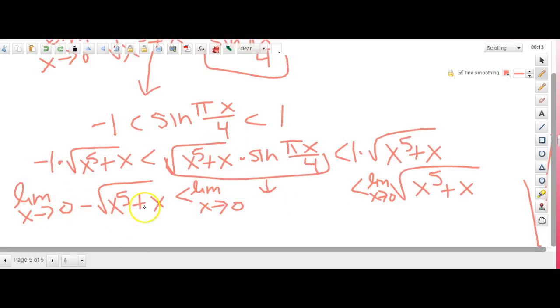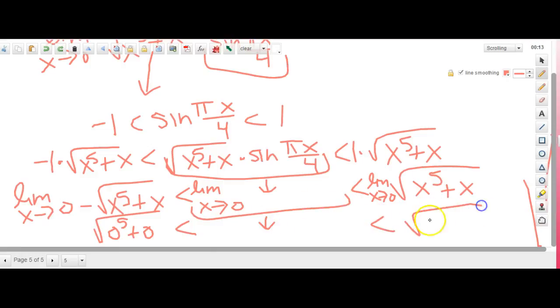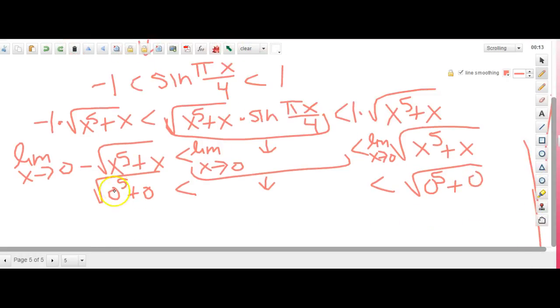And then you're going to plug in for the left side, plug in to find the limit. Now all of this still the same. Plug in to find the limit. And 0 to the 5th plus 0, square root, all that's still 0.